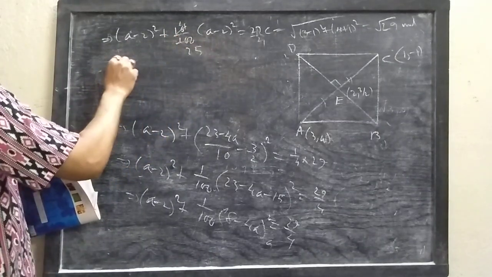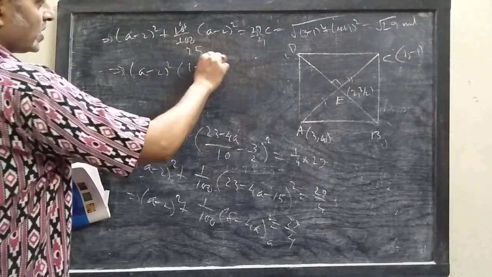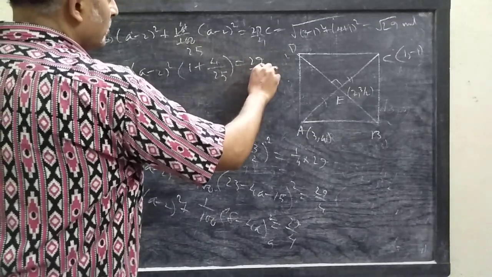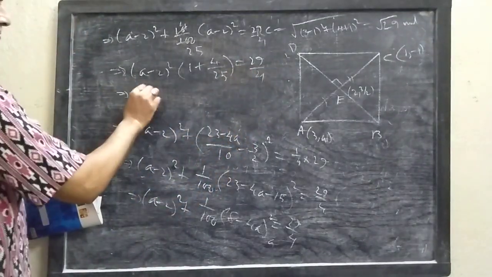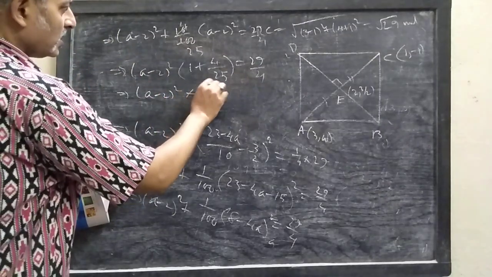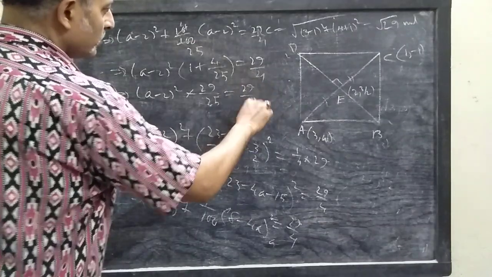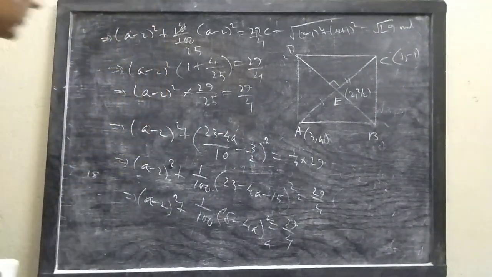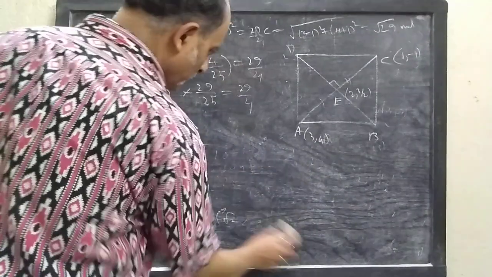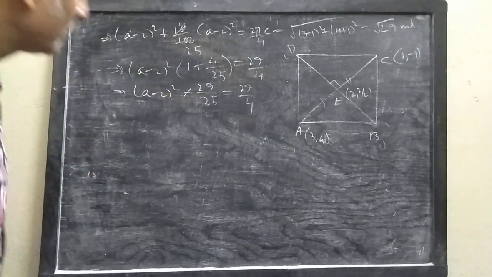Now if we take (a minus 2) whole square common, we get 1 plus 4 by 25 is equals to 29 by 4. (a minus 2) whole square into 29 by 25 equals to 29 by 4. Just follow the calculation. If you are not doing in this way, then it will be very tedious.